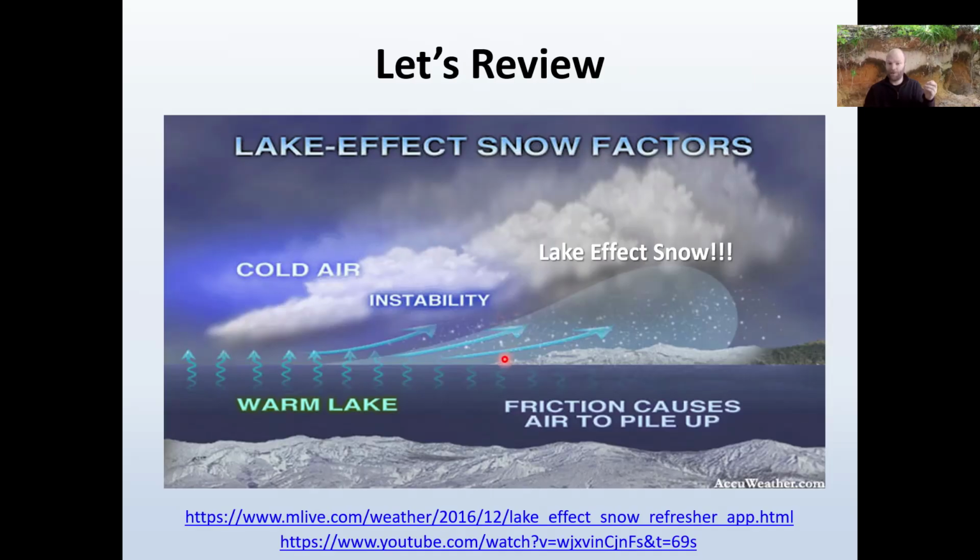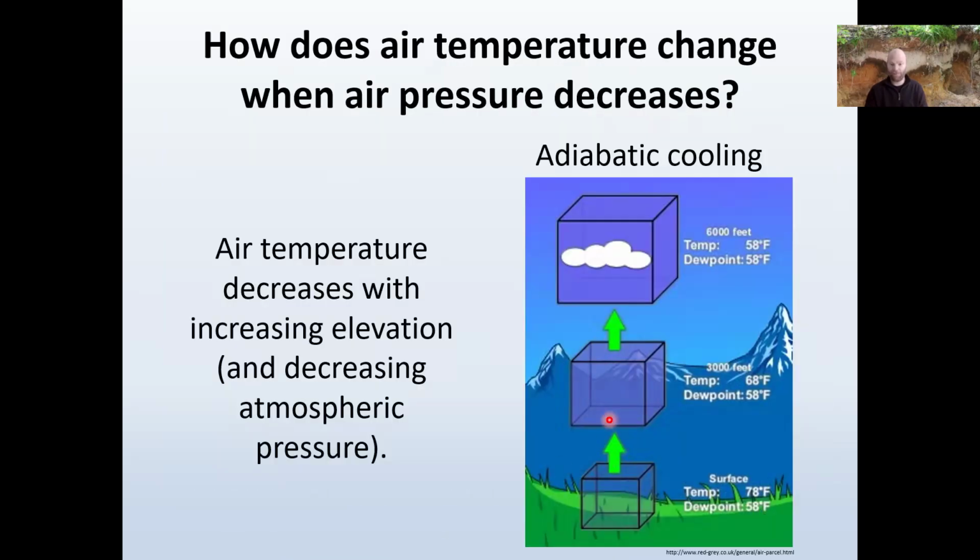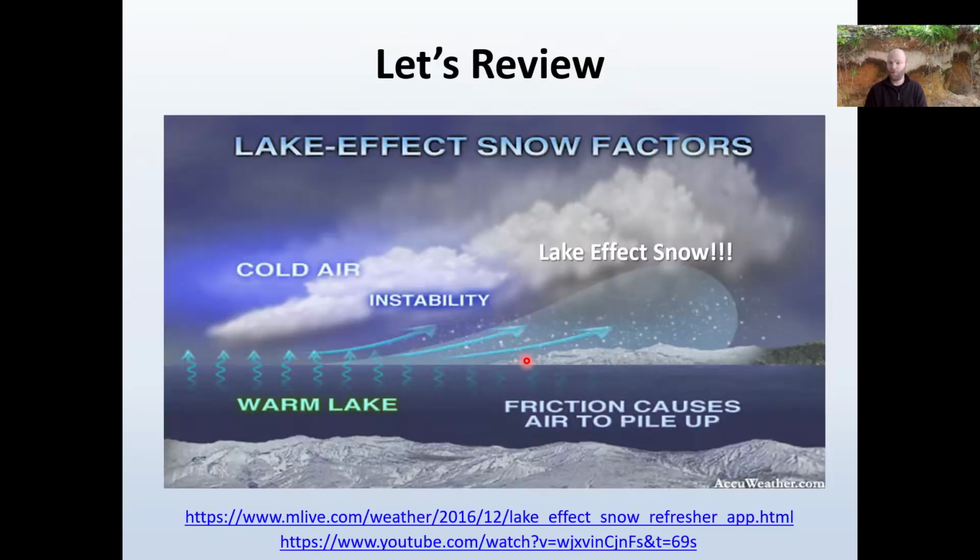Now that air reaches the land surface, which is colder than the lake, the air cools down, and it can also go up in elevation, which is adiabatic cooling. So now you're forcing this air parcel to go up 1,000 or thousands of feet, and it's cooling even more. And because cold air holds less moisture than warm air, it literally snows more because it's getting rid of it, can't hold any more, and it holds even less and less.